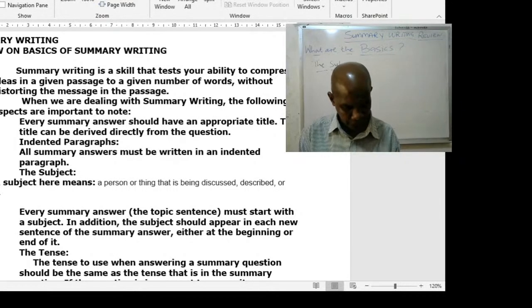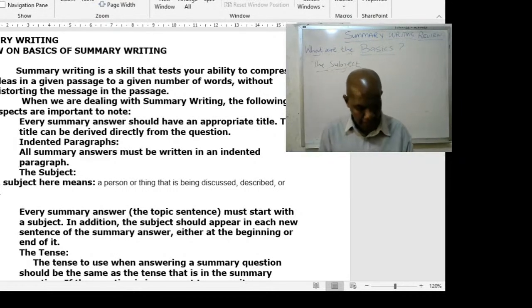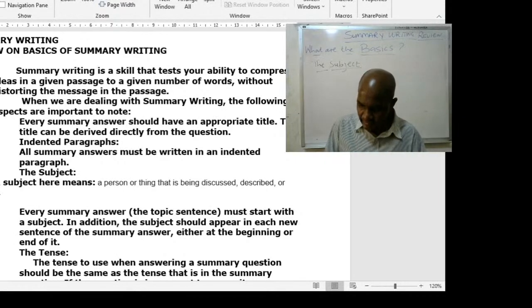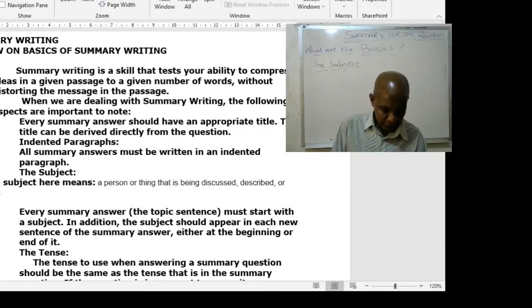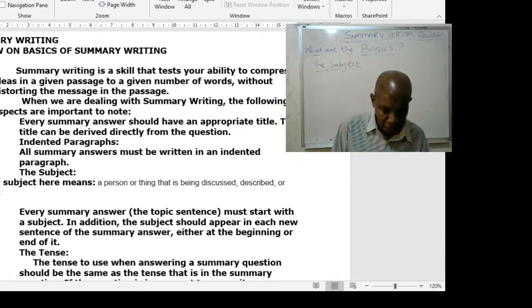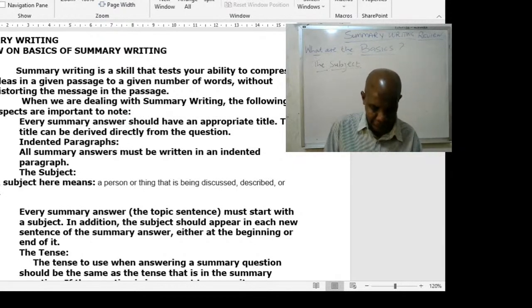No. When I talk of subject here, I mean a person or a thing. For the case of the summary, it is a thing or the idea that we are discussing, the idea that we are describing, or the idea that we are dealing with. So in summary, your first sentence must include that idea that the question wants us to discuss.